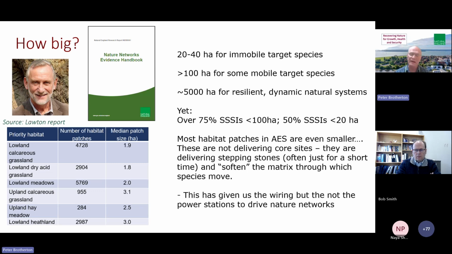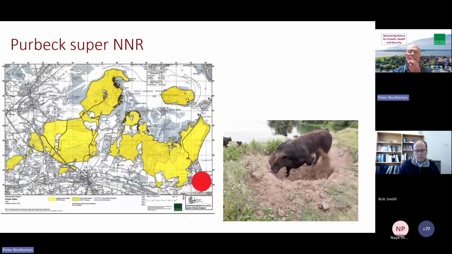So what we've been doing through nature conservation for the last, certainly my whole career, isn't delivering often the core sites that are needed to drive networks. They're delivering stepping stones or softening the matrix through which species that are probably doing well already can move. So if you like a power station analogy, we've been building the wiring, but not the power stations needed to drive nature networks.